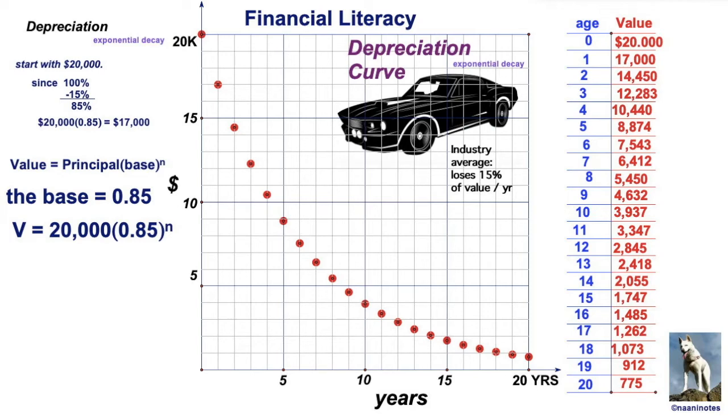You can just type in n is the number of years. And let's do a hypothetical example. And that hypothetical example is, let's suppose n is 10. Because I want to say, hey, what's my $20,000 car going to be worth in 10 years? Yeah, good luck with that, but let's do it.